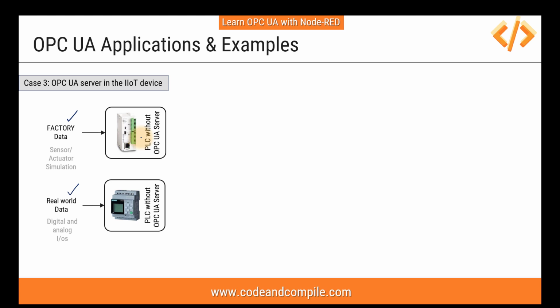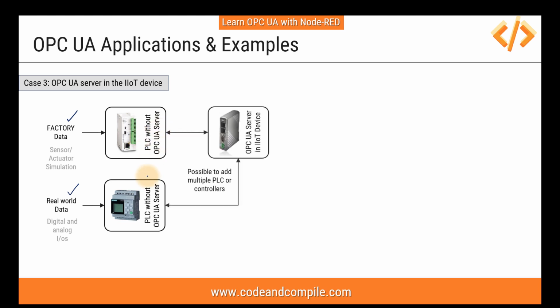What do we need? These days in the market you have IIoT devices which have several communication options with many different PLCs, and they have a built-in OPC UA server. So in this case you will connect your IIoT device to your PLC. Now this IIoT device has several ways to communicate with the PLC.